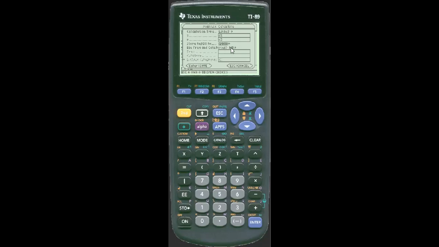Well, now you don't have to change anything else. We enter. Once you enter, the calculator gives us these coefficients for the regression line, A, B, and correlation coefficient. Also, it's giving us correlation coefficient square, which is R square.